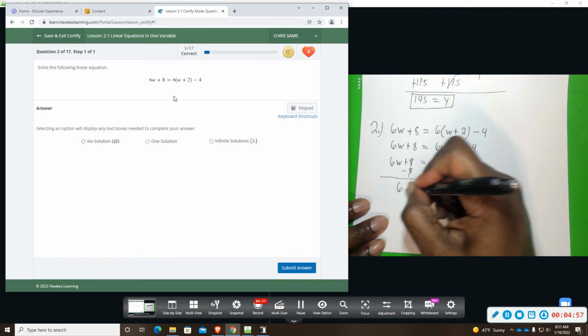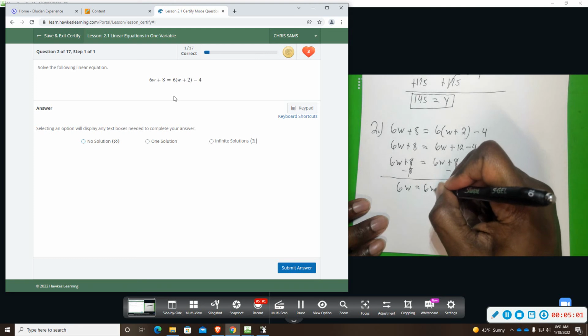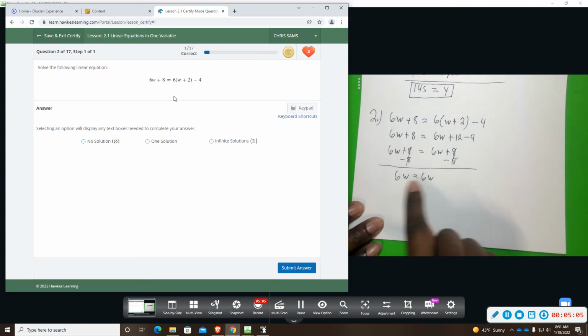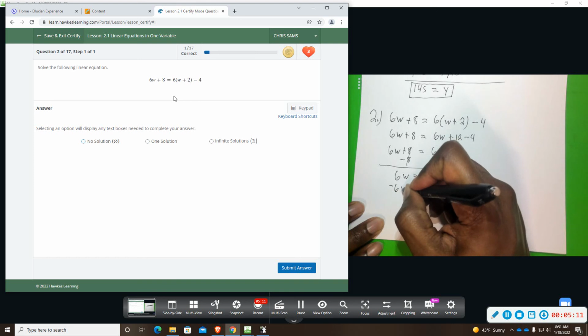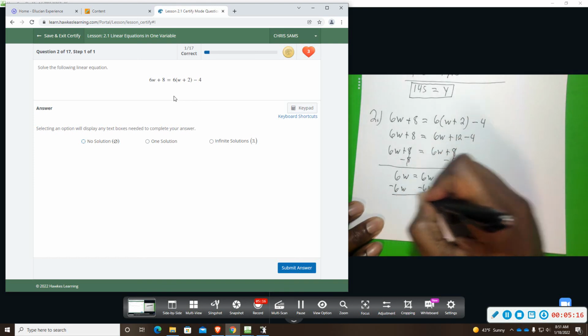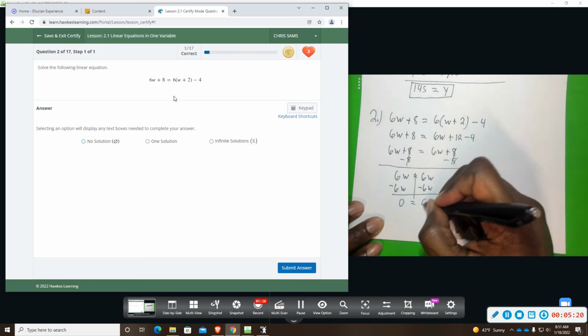So I just have 6w equals 6w. Alright, now if I want to get my variables together, I need to move one or the other. It's going to be the same. So subtract 6w since it's positive from both sides. And this gives us 0 equals 0.